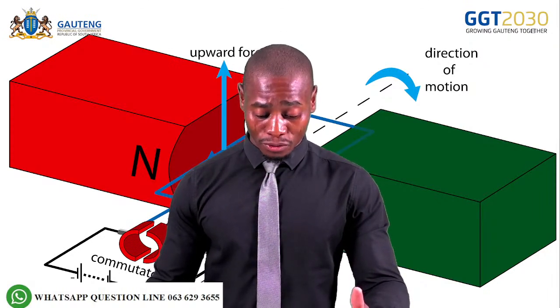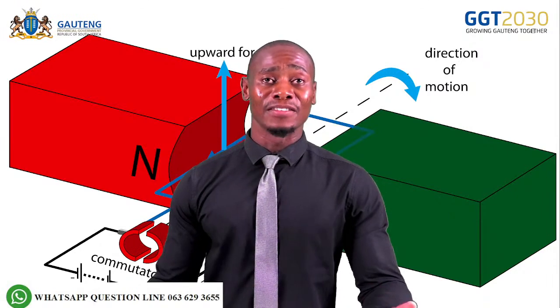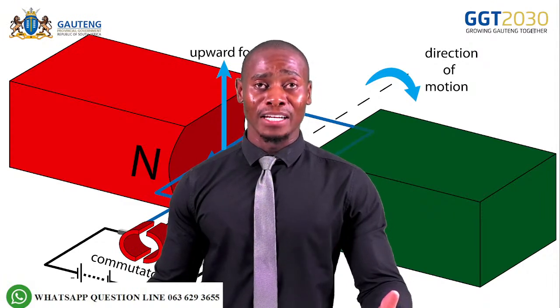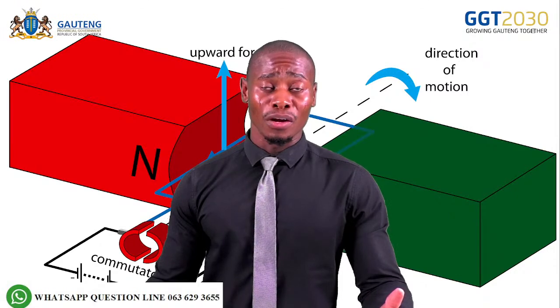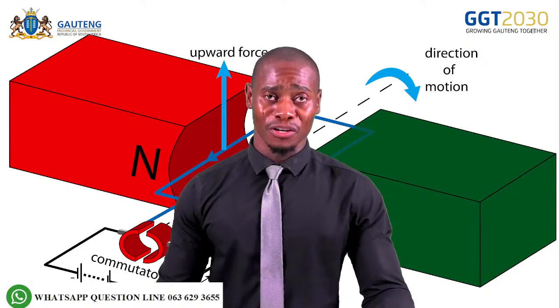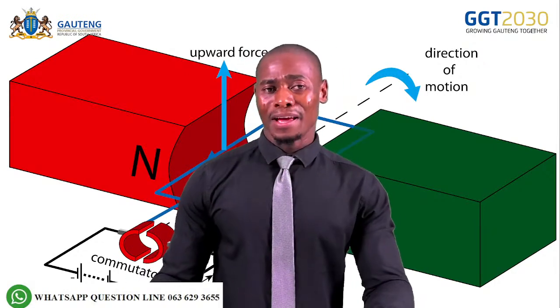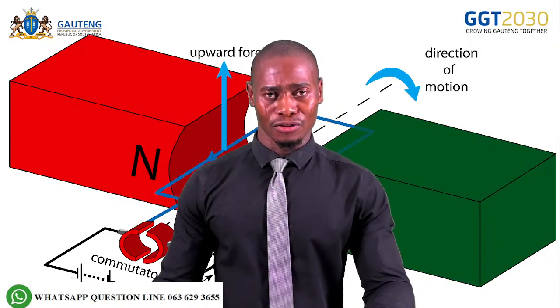For example, the question where you were supposed to find the DC voltage: if you don't know that the DC voltage is equivalent to the root mean square voltage, then you are going to have a problem. So some questions need your thinking, but not a lot. Please, learners, make sure that you collect all the marks when it comes to electrodynamics.